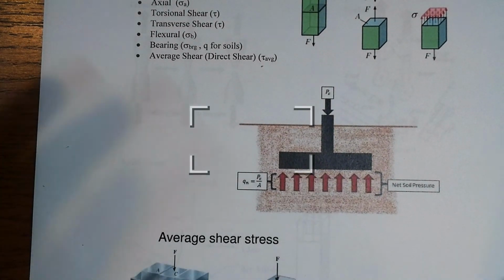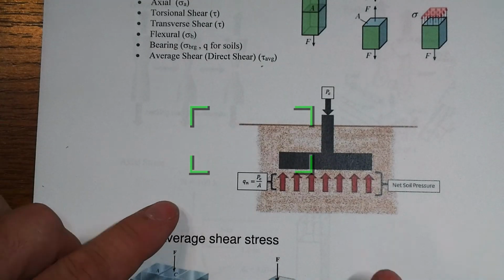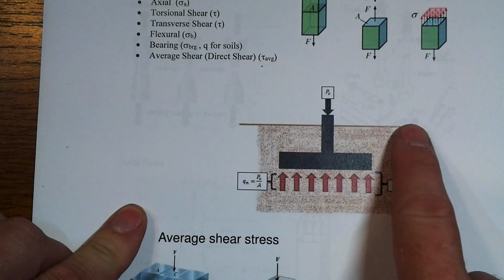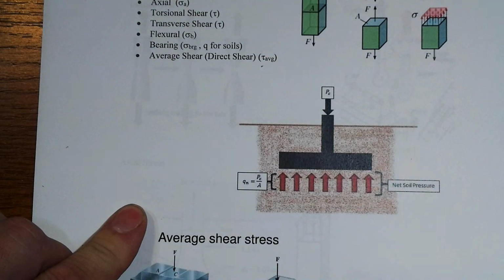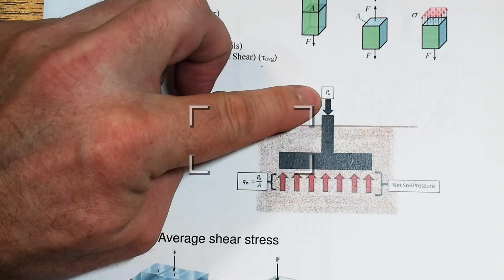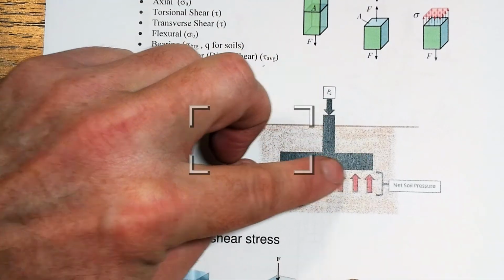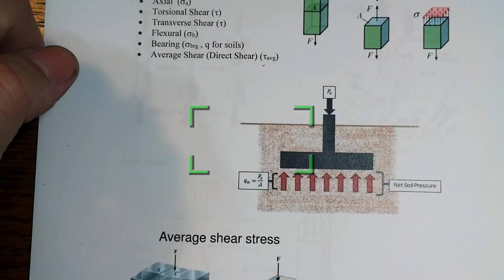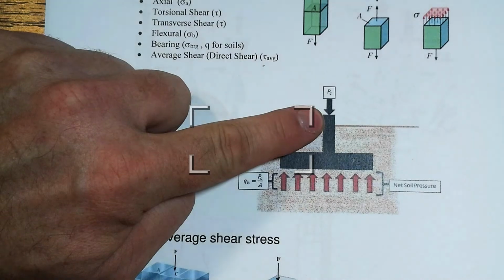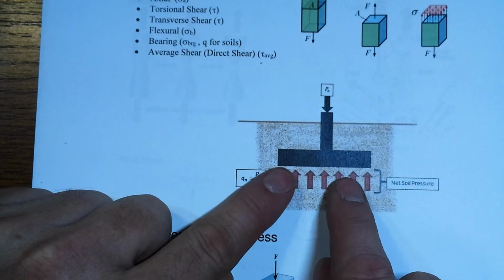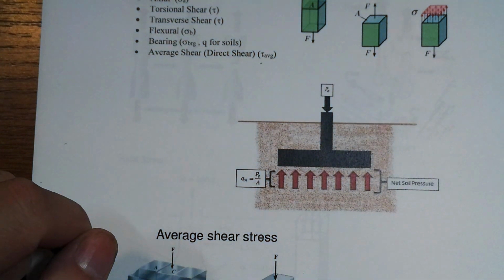What we've got is the ground level right here, and this is an elevation view looking into the ground. There's a building above. Here's a column on what's called a pedestal of a footing. That's an axial force in a column coming down, and then the ground at the bottom of the footing is pushing back on the footing, providing the static equilibrium.